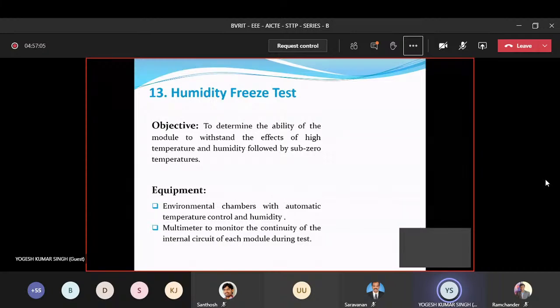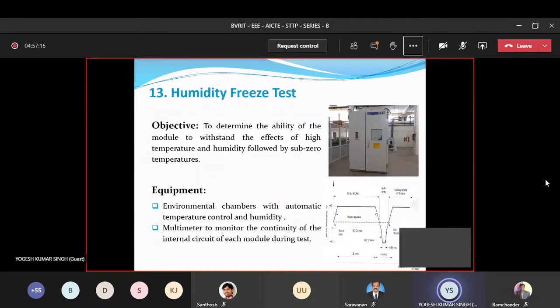Initially it will be frozen to minus 40 degrees, and then the temperature will be maintained at that particular condition. Now for this freeze kind of condition, the module will be working from minus 40 to plus 85 degrees centigrade, and there are different criteria for how much the relative humidity will be in that condition.